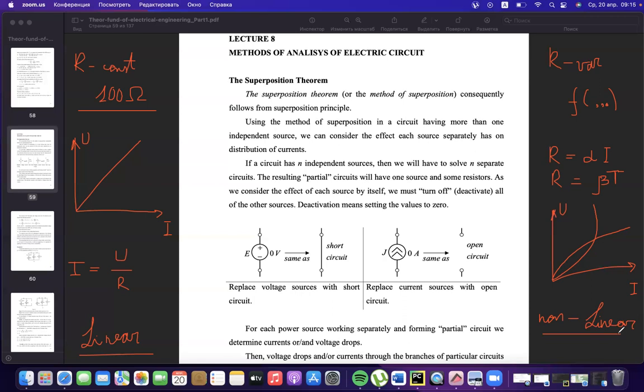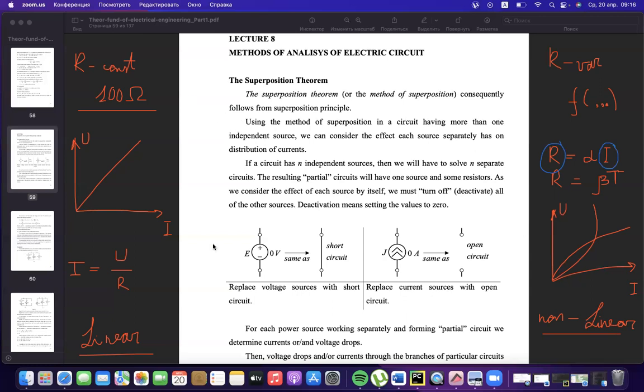And why is this a problem? For example, if your resistivity depends on current, okay, about the idea of the method, and then why it doesn't work in the non-linear case. What is the idea of this method?